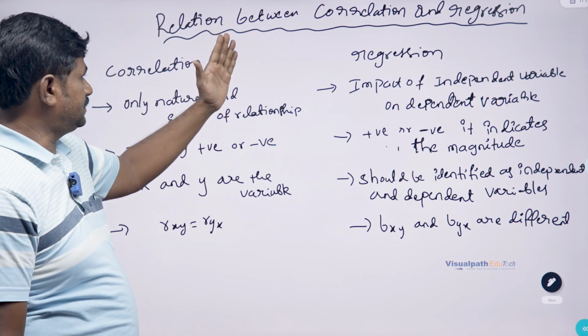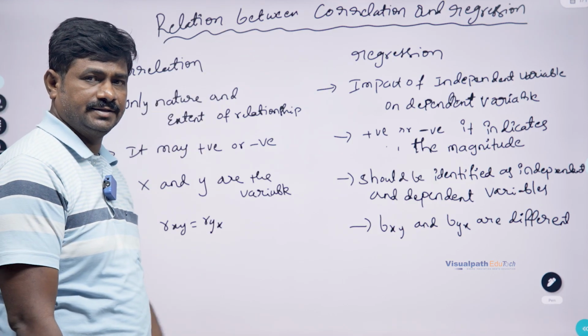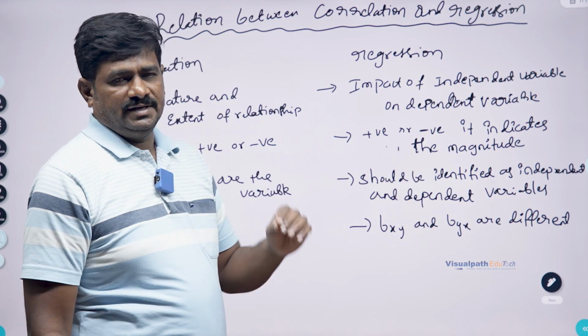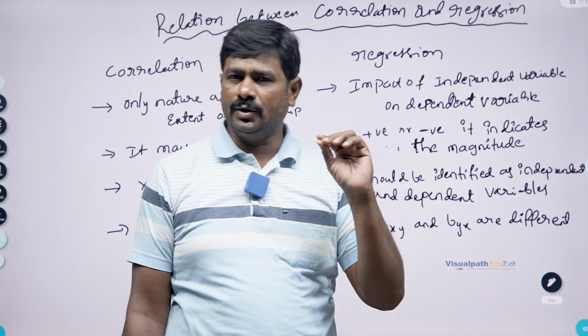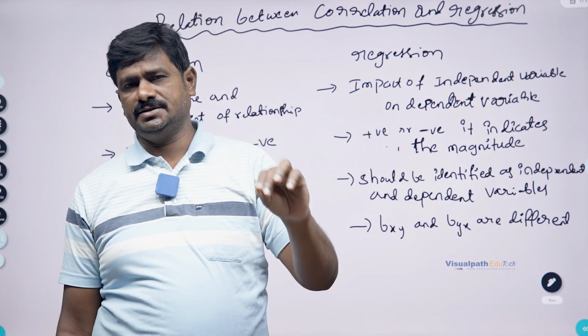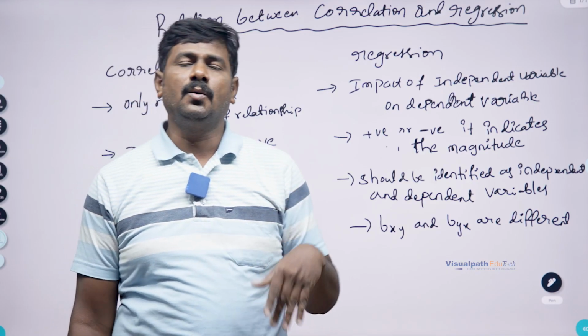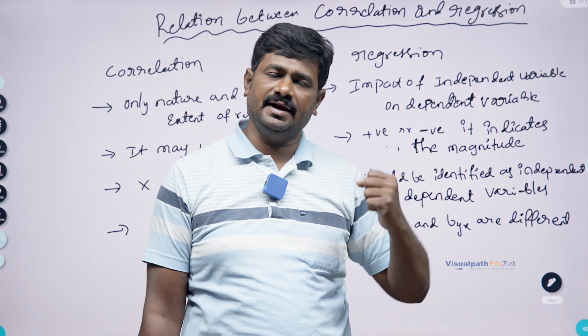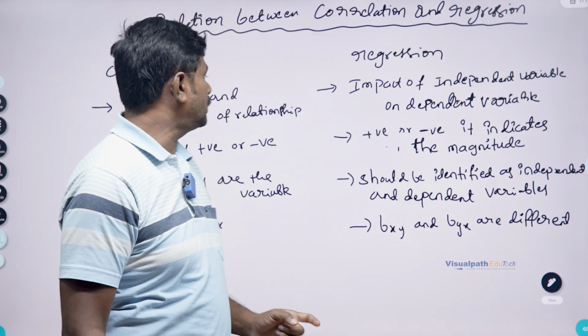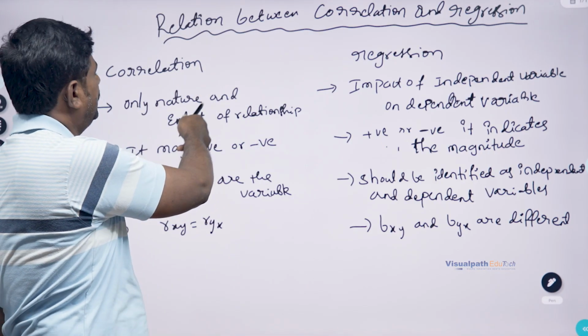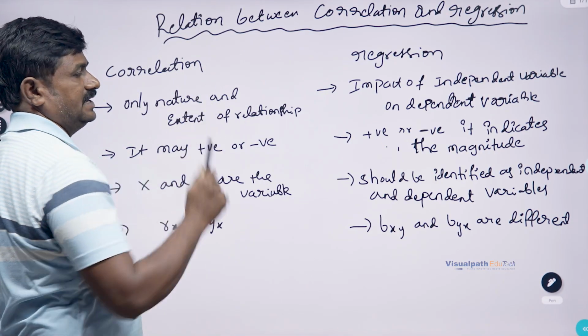Next, the relationship between correlation and regression. Already we discussed a little bit about the correlation and regression relationship. Here the correlation is nothing but a relationship between any two variables. While coming to the regression, we are identifying how much those two are related to each other. So the first point is the nature and extent of relationship.